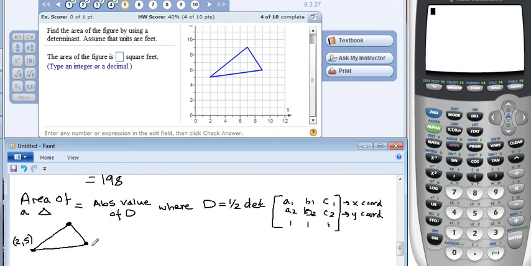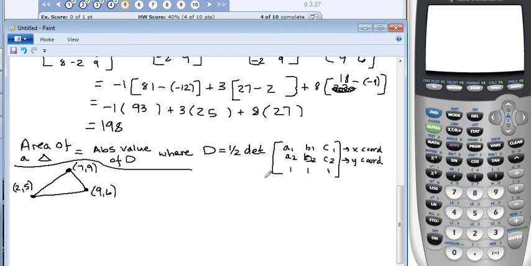This point here is at 9, 6. And then this point is at 7, 9. That's where we start. Now I can get rid of this.